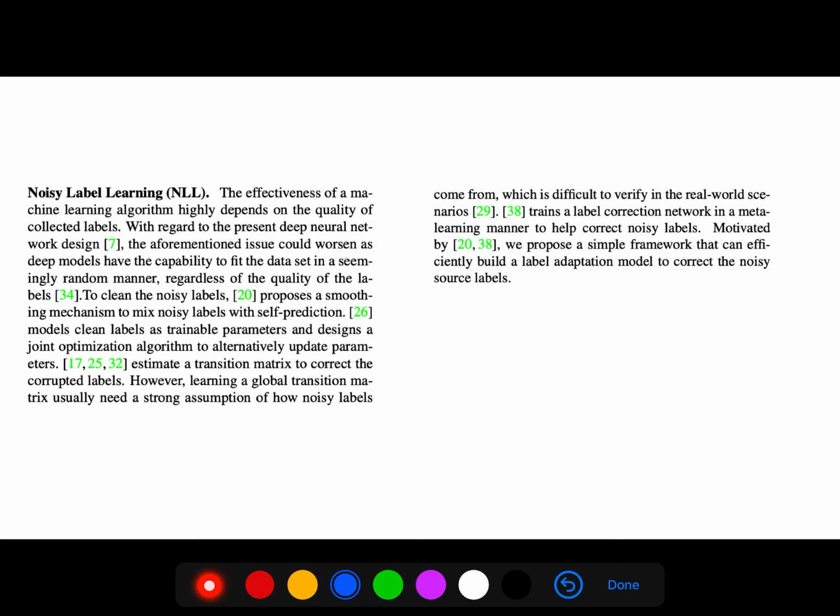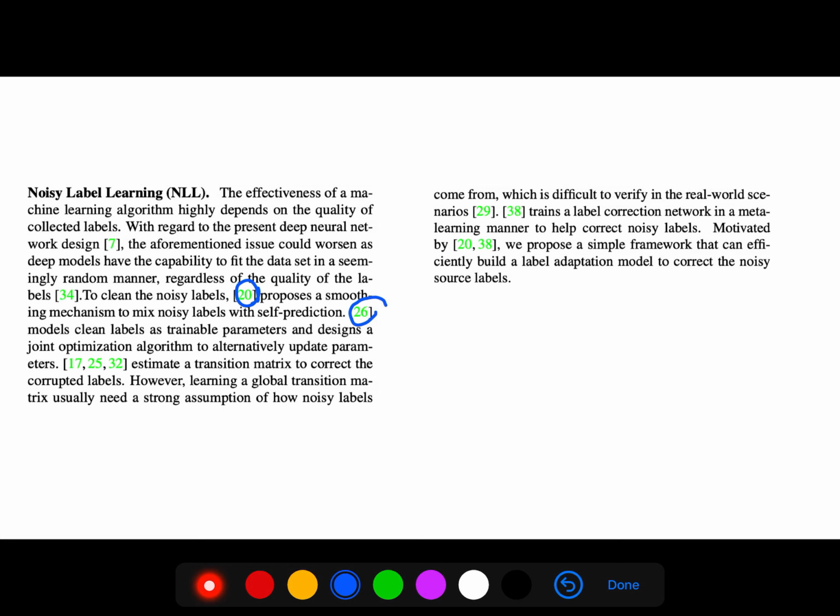So to clean the noisy labels, this reference proposes a smoothing mechanism to mix noisy labels with self-prediction model. And the 26 models clean labels as trainable parameters and designs a joint optimization algorithm to alternatively update parameters.